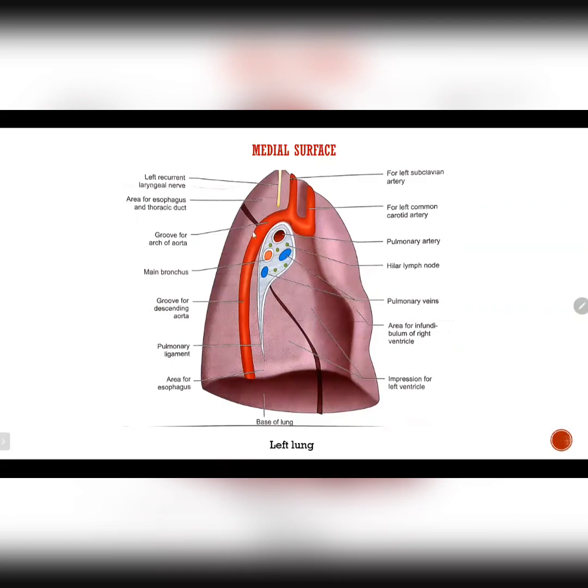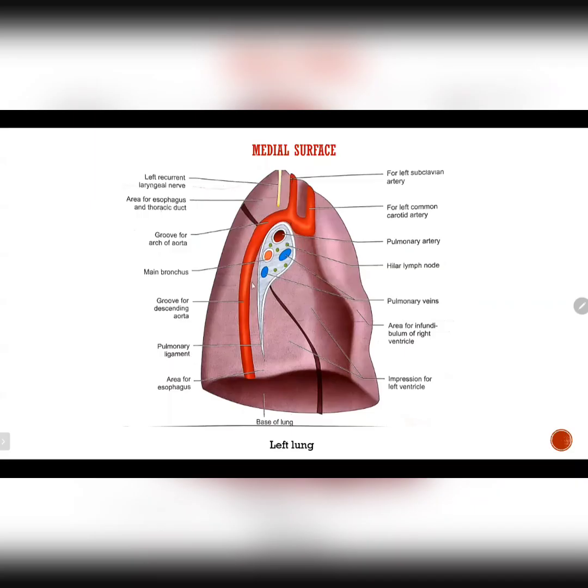So here is the arch of aorta, the impression made by the arch of aorta, and this is the descending thoracic aorta's impression. From the arch of aorta, here are the two branches on the left side, which are the left subclavian and the left common carotid artery. Next, posterior most over here, there will be the area for esophagus and thoracic duct.